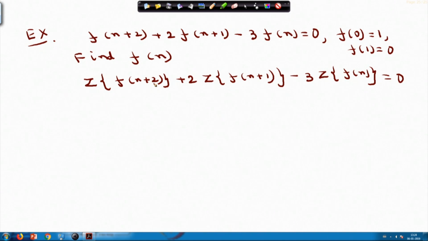Now, from the definitions we already know the z transform of f of n plus 2, the z transform of f of n plus 1, and the z transform of f n. These things are known to us; we have done them earlier.